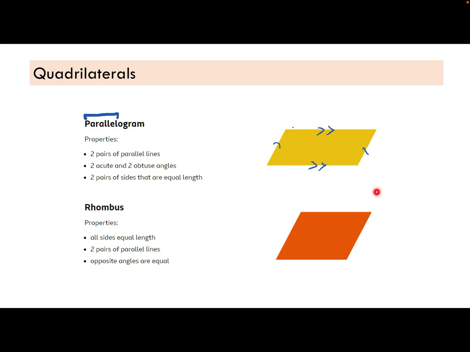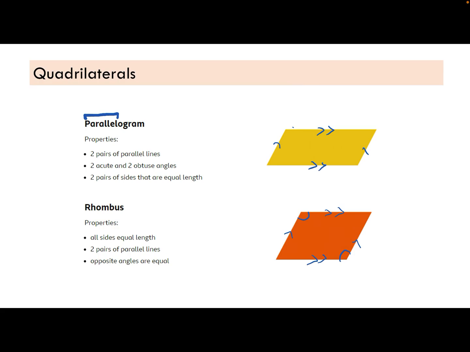A rhombus. Now you'll see this drawn very differently. It's almost like a square or a rectangle has been, so we call it skewed. So one side has been pushed one way, the other side has been pushed the other way. So sometimes, but not all the time, the sides are of equal length. It has two pairs of parallel lines. And the opposite angles are equal.